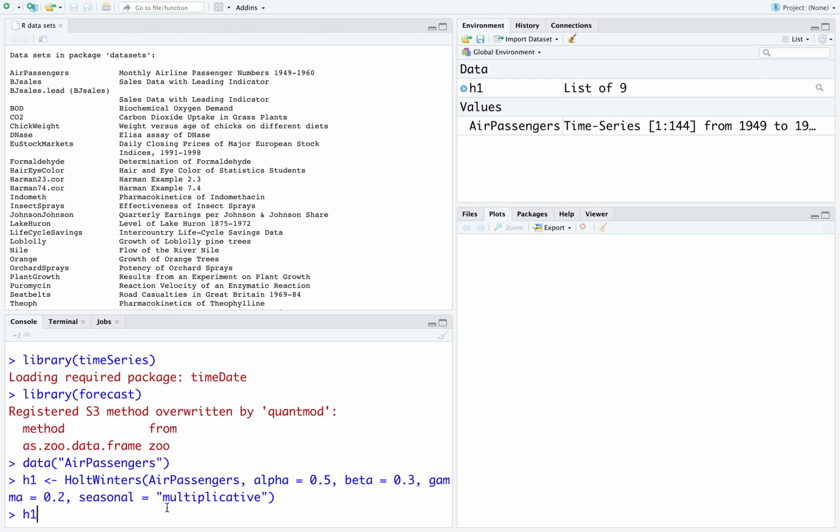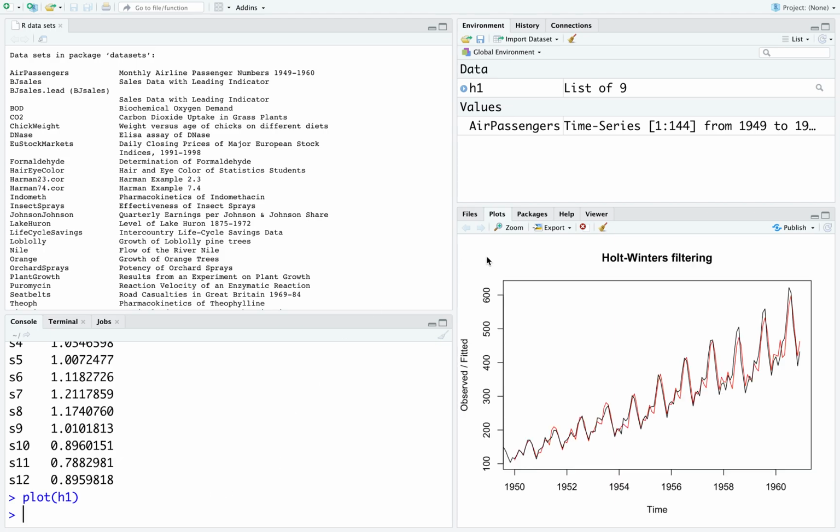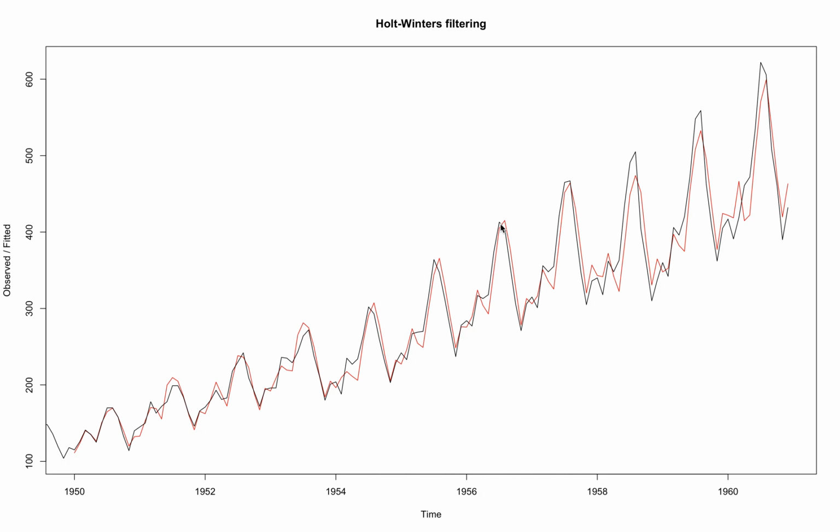Now, if I say what is there in H1, it has a number of these things. If we plot the model that we got, you get this particular plot here. What you see is the red line is able to track the actual data reasonably well, but not so well.